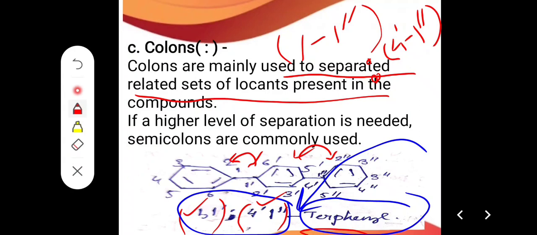Because 1 prime shows one linkage, that is in between the first and second phenyl group, and 4 prime and 1 double prime should be the other linkage produced between the second and third phenyl group. So due to this, these 4 locants produce two related sets, and to separate the two sets we have to use a colon. Okay, and also the colon is used in a higher level of separation where a comma is not enough.